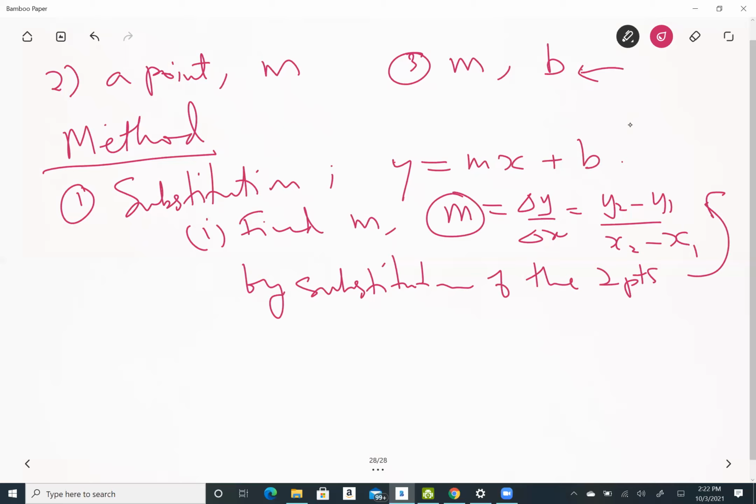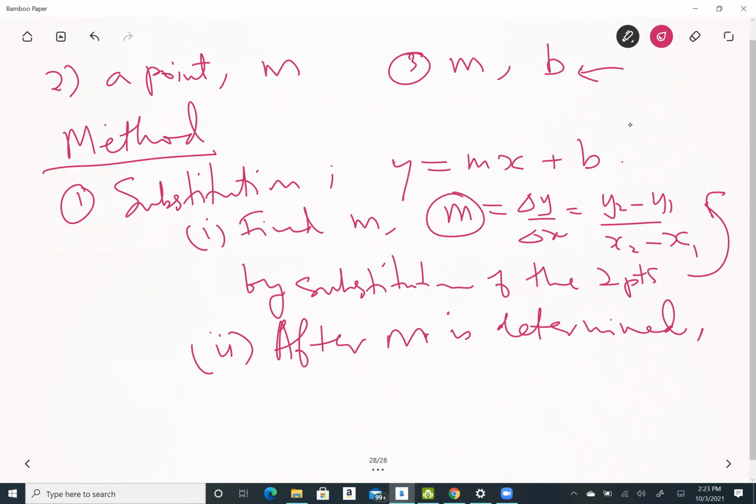Once you got m, after m is determined, we have to find b.